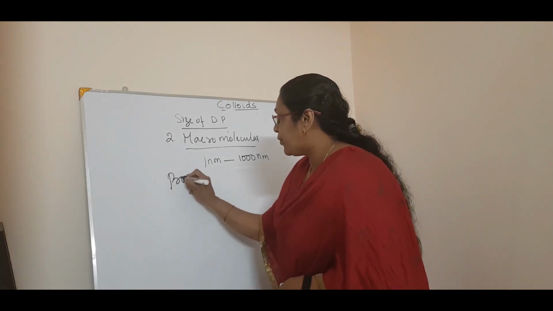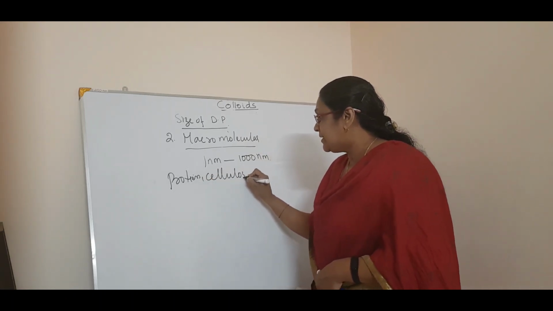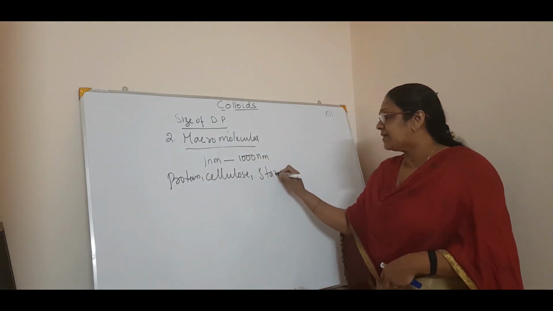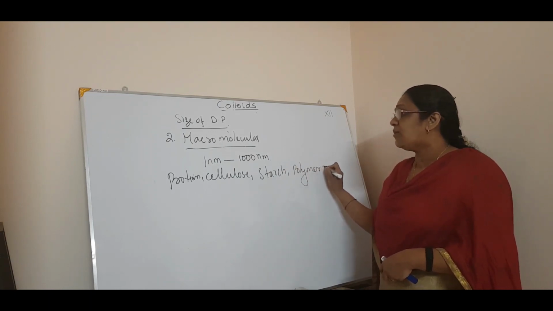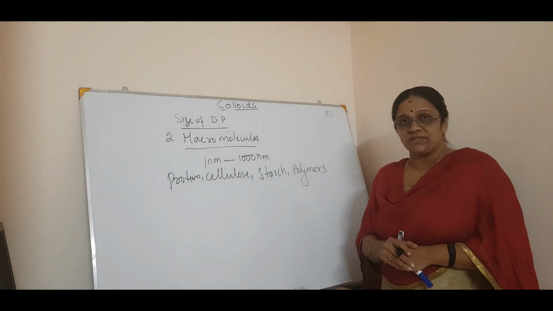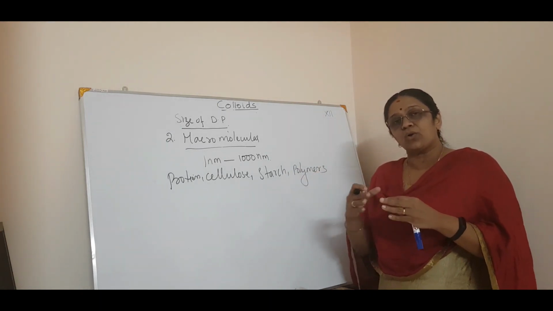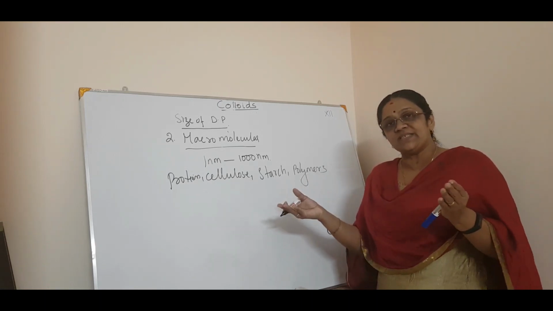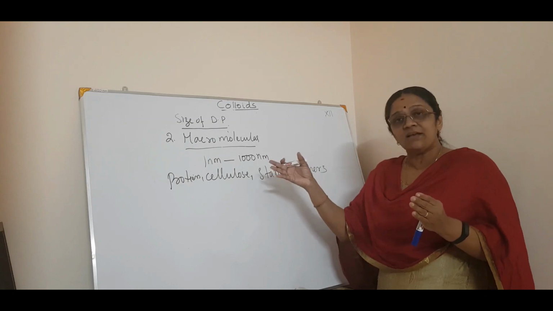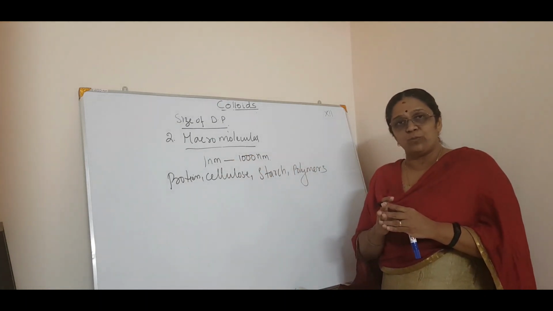For example, protein, cellulose, then starch. All these are the examples of polymers. All these are the examples of macromolecular colloids. You don't have to combine together or disintegrate, making into small pieces. No, there is no need. It itself is in the colloidal range, that is 1 nanometer to 1000 nanometer.